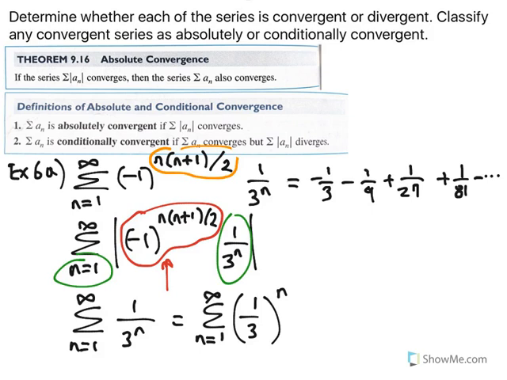So for that reason, we know that the corresponding absolute value series is a geometric series whose common ratio r is, of course, 1/3, and the absolute value of 1/3 is 1/3, and that's between 0 and 1. So we know that the corresponding absolute value series converges.